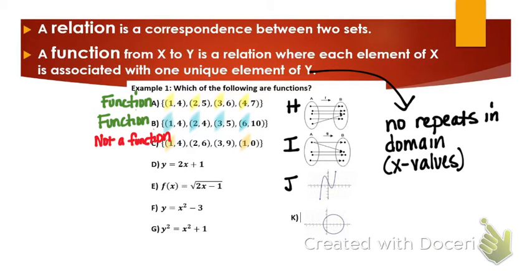So you can have an x squared, but when you graph y squared, it's going to fail the horizontal line test. So this is a function. But again, this last one, G, is not.